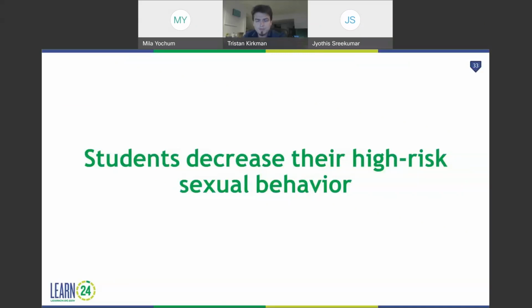So what about this one? Students decrease their high-risk sexual behavior. Is this more likely to be an output or an outcome?